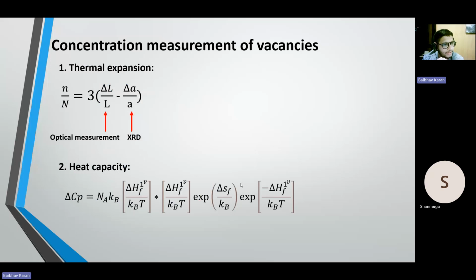One is thermal expansion. As I said earlier, the vacancies require some energy to be created. Thermal expansion, as the name suggests, means we are providing some heat energy for the material to expand, and this expansion is generating some kind of vacancies.